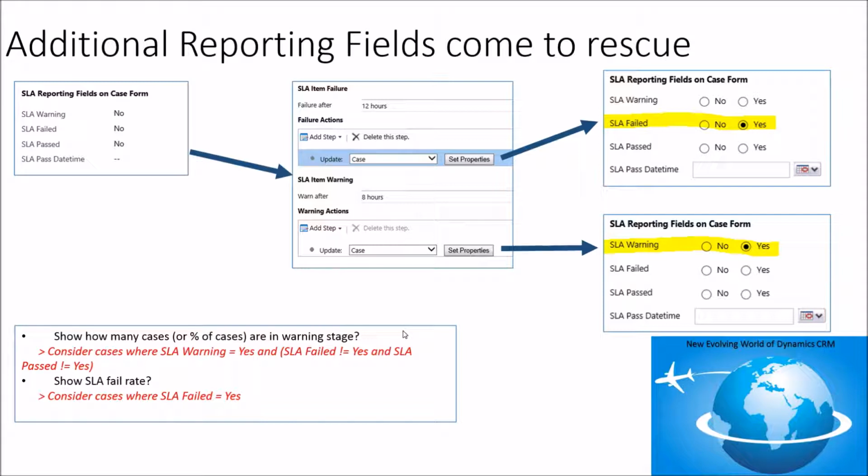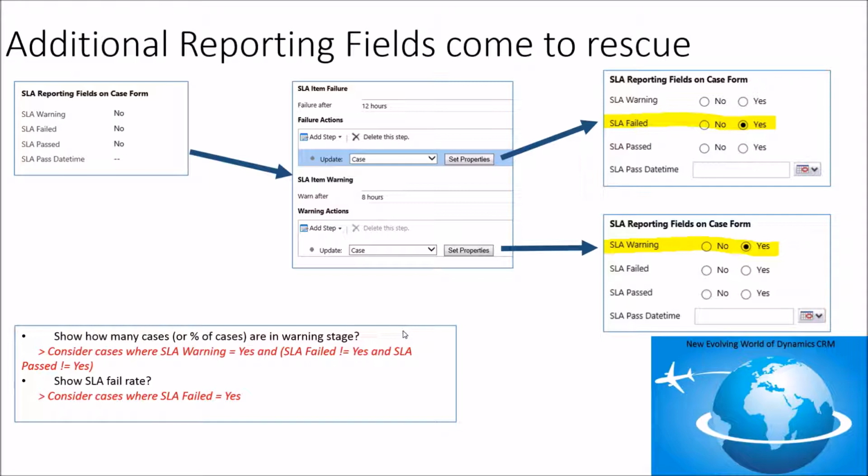Now, so far so good. SLA does have a framework to define some kind of actions for the failure and some kind of actions for the warning. But what about success? How many are successful? And any kind of timestamp you want to capture around success.